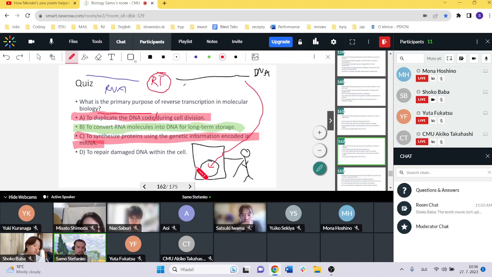That's only because the HIV virus has a reverse transcriptase enzyme which then synthesizes DNA, and that single-stranded DNA gets to the host cell nucleus and modifies and changes the genome, basically the genetic material inside the human body.